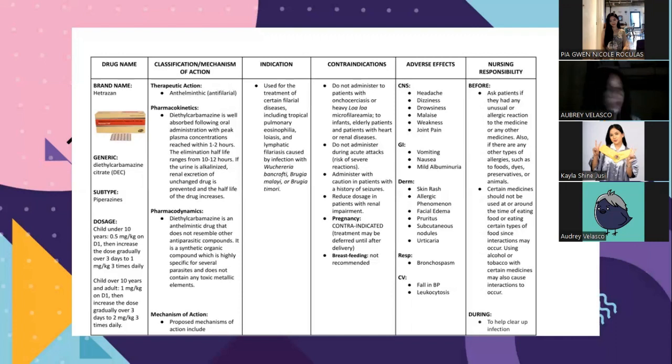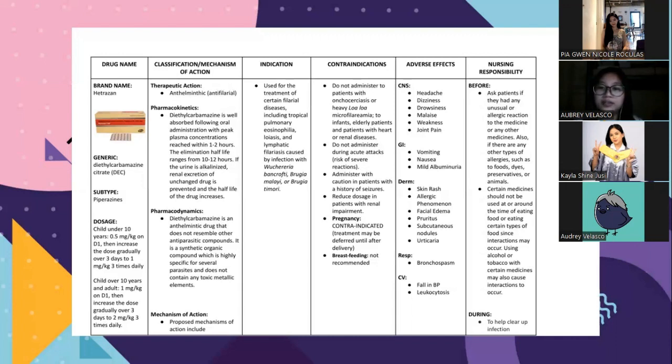Next are the adverse effects. For the central nervous system: headaches, dizziness, drowsiness, malaise, or the feeling of restlessness of the body, weakness, and joint pains. For GI: vomiting, nausea, and mild albuminuria.